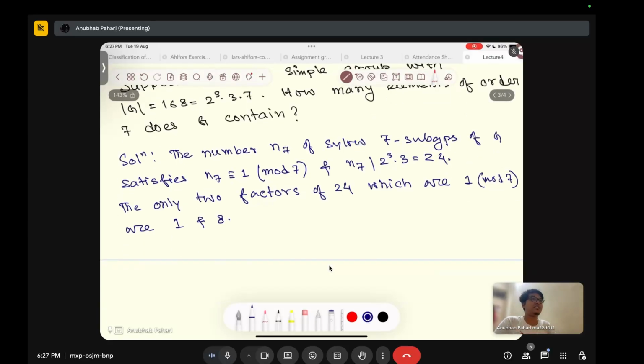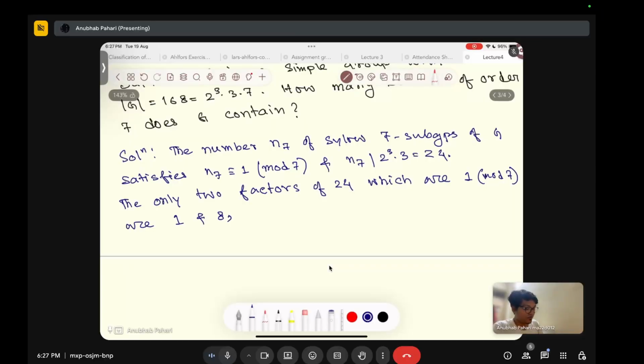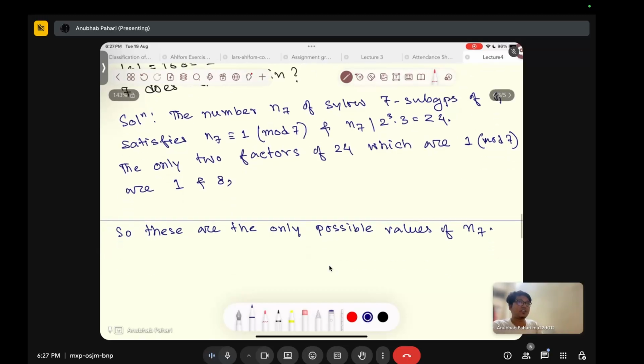You can check this, those who are seeing this for the first time, but I hope you are already familiar with these things. These are the only possible values of n7. Please let me know if you have any doubt.